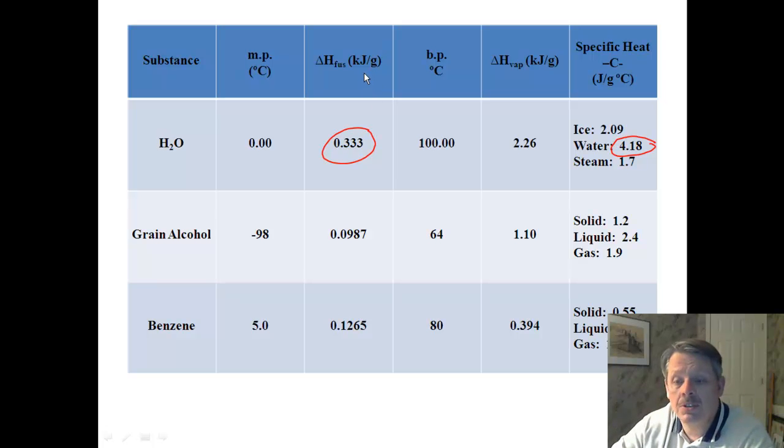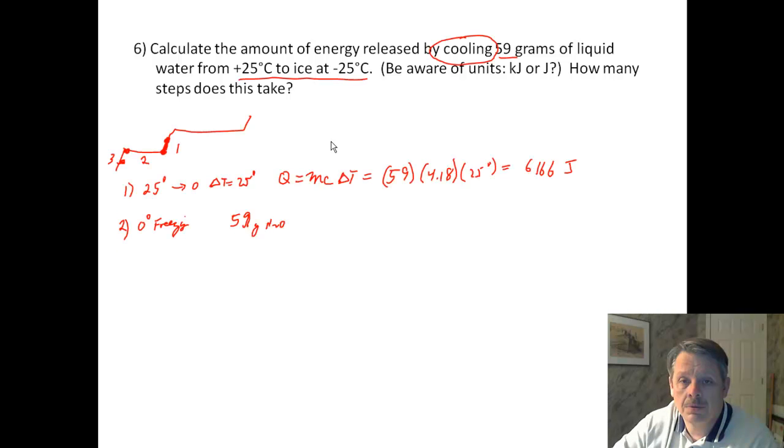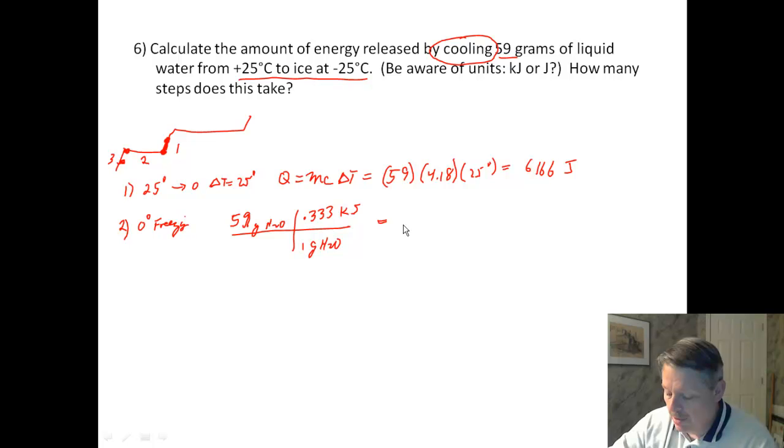And notice this is in kilojoules per gram. So that's 0.333 kilojoules per gram. And when I do that math, I'm going to get 19.7 kilojoules of energy to go from a liquid to a solid.